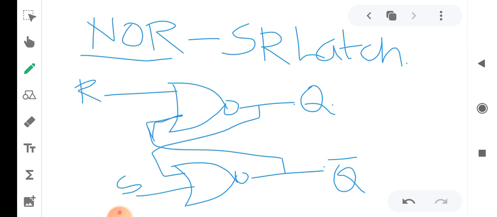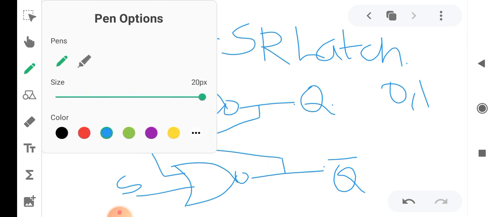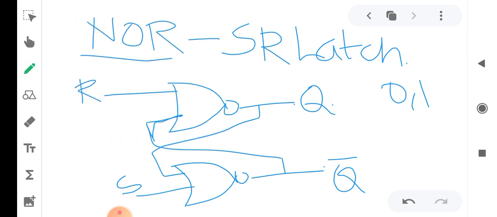Now we study this by giving different inputs, that is, by giving 0 and 1 alternatively to R and S. The different combinations we can give are R and S as 0 0, 0 1, 1 0 and 1 1.